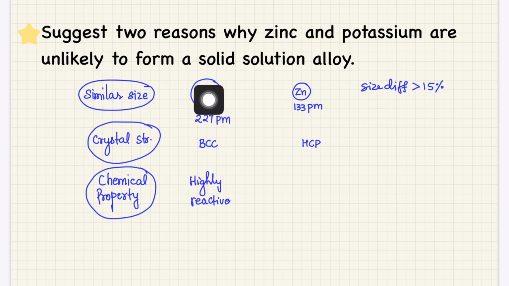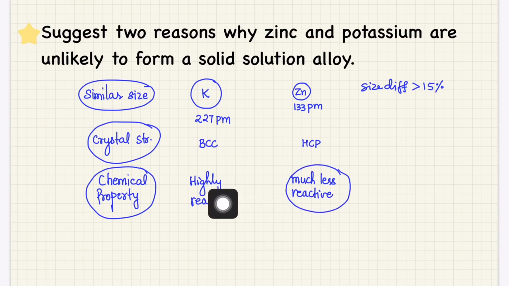That's why it is used in photoelectric cells. Whereas zinc is much less reactive. Zinc is also reactive, but comparatively it is much less reactive than potassium. So again this is against the Hume-Rothery conditions, because according to them the metals should have similar chemical properties.